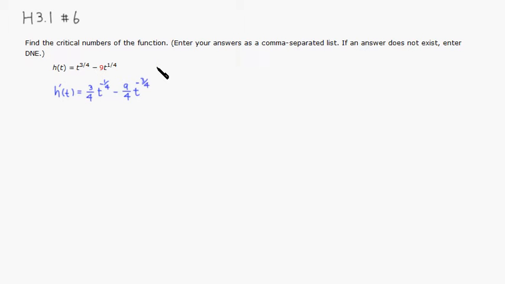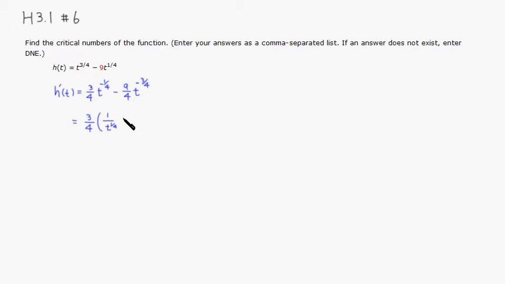Then we just need to clean up a little bit. First thing I would do is pull out the 3/4. So if you pull out 3/4, you're going to have something like this. Here it's negative 1/4 power, so it's going to be 1 over t to the 1/4 power.